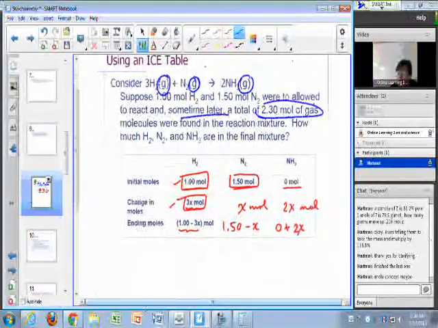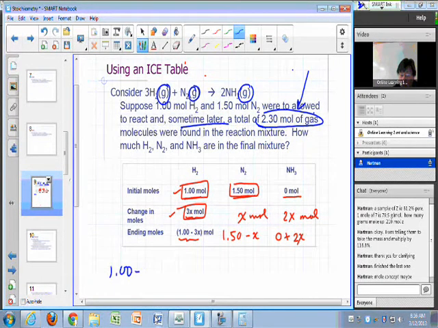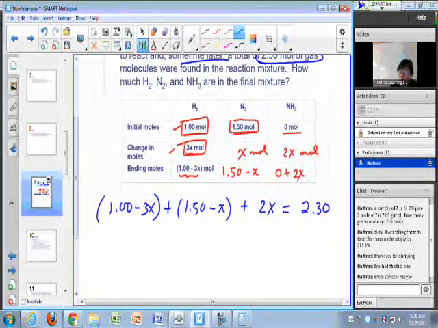So if you add up the ending moles, you're going to get 2.30 moles of gas. So what do we do here? We say 1.00 minus 3x plus 1.50 minus x plus 2x must be equal to 2.30. The ending moles add up to 2.30.